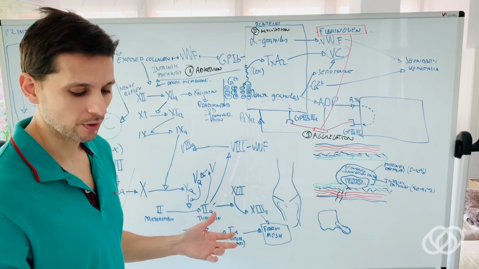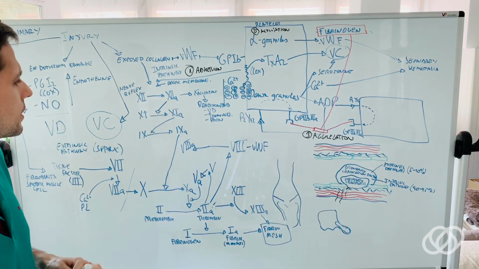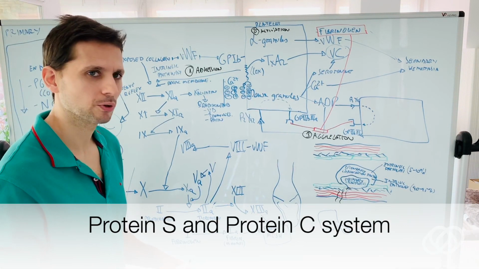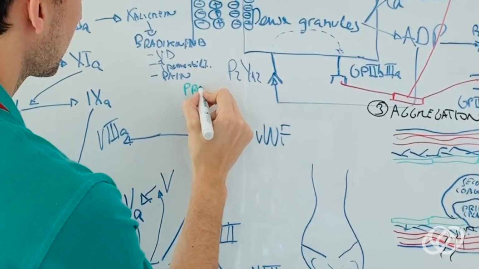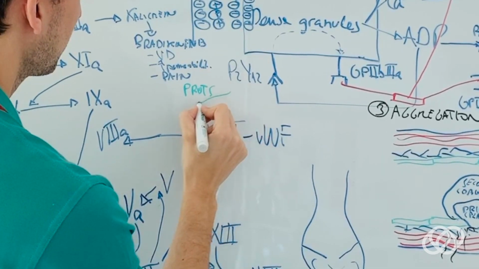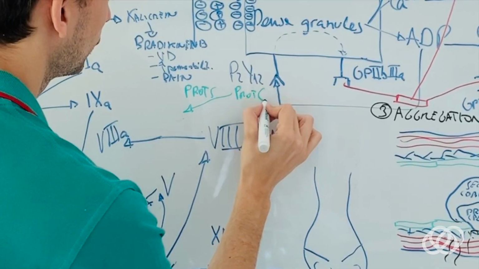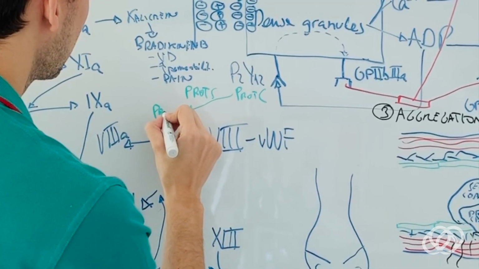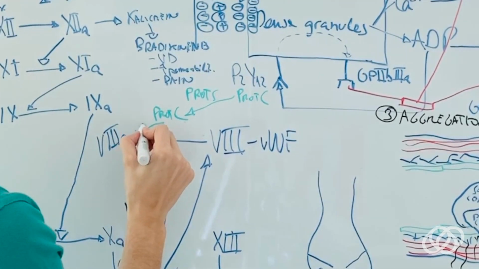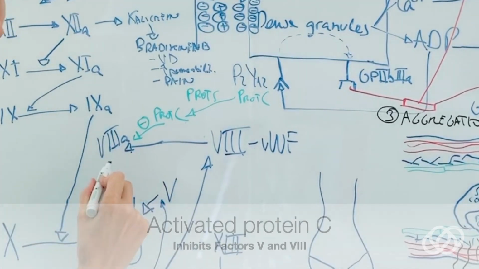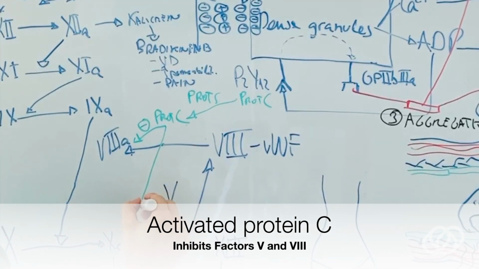So the anticoagulation system has several components. One of them is the system that is formed by protein S and protein C. What happens is that protein S activates protein C, and the activated protein C inhibits both factor 8 and factor 5.